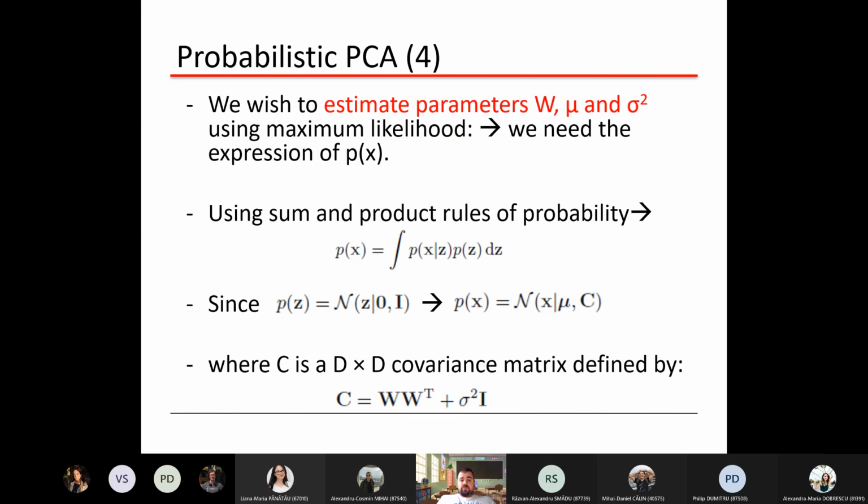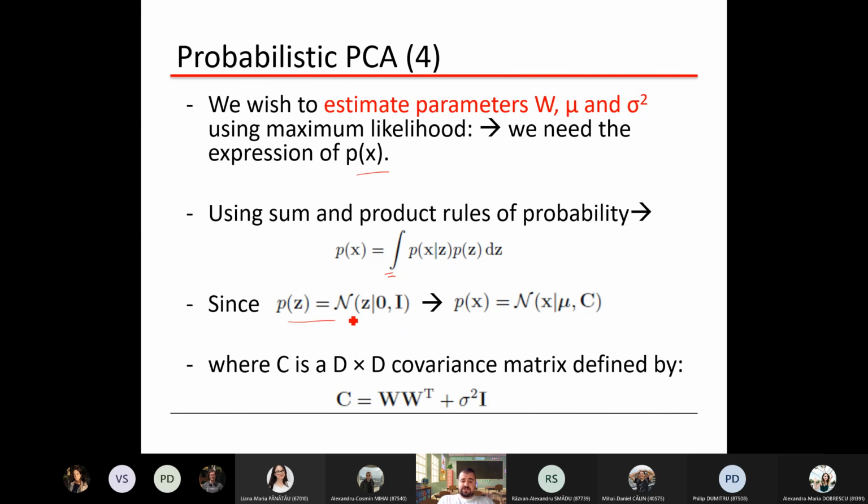And now the purpose is to estimate the parameters W, mu, and sigma square using maximum likelihood. And therefore, we need the expression of P of x. We will get this using the sum and product rules of probability. Since we have continuity, we have the integral of P of x given z multiplied by P of z.